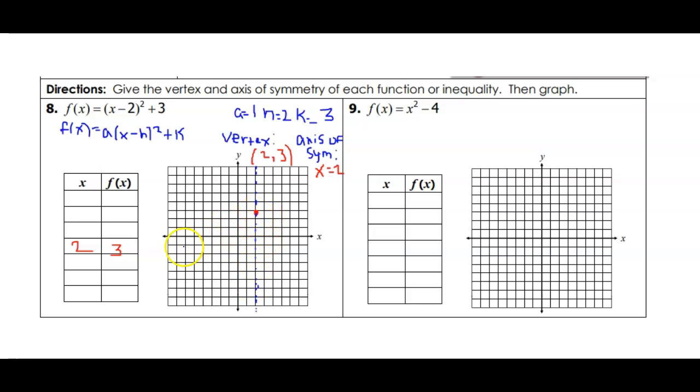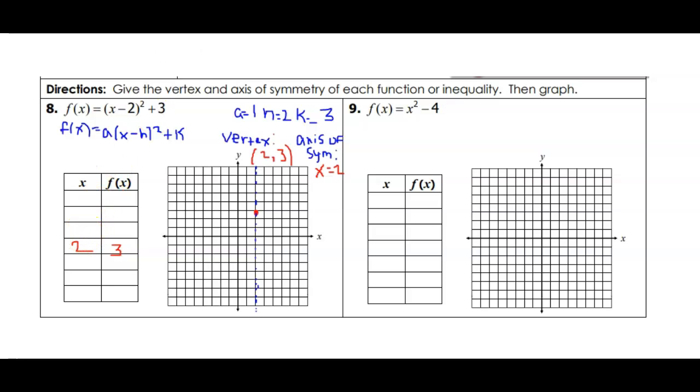That also means when I start talking about my table values from left to right, I should have the symmetry at x equals 2. So if I figure out my values to the left, I don't have to replot them for the right. So what I'm going to do is evaluate when x equals 1, sorry, not negative 1.